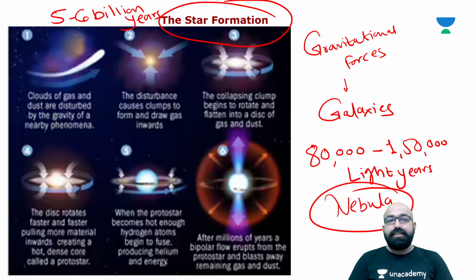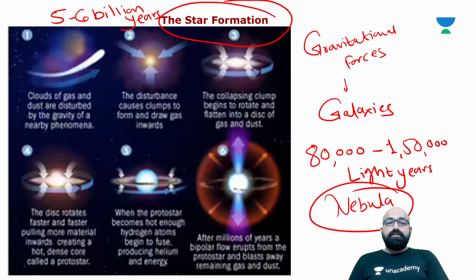Clouds of gas and dust are disturbed by gravity of nearby phenomenon. Then the disturbance causes clumps to form or draw gas inwards. Then the collapsing clump begins to rotate and flatten into a disk of gas and dust.